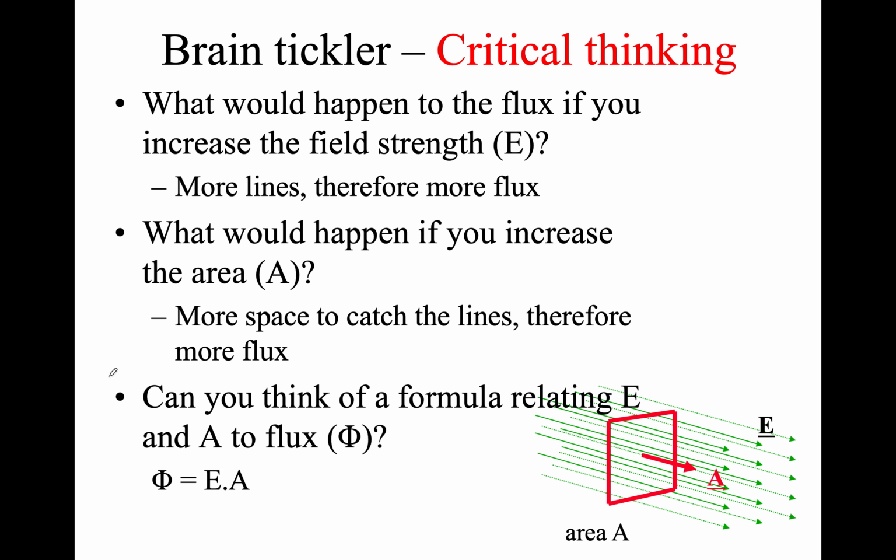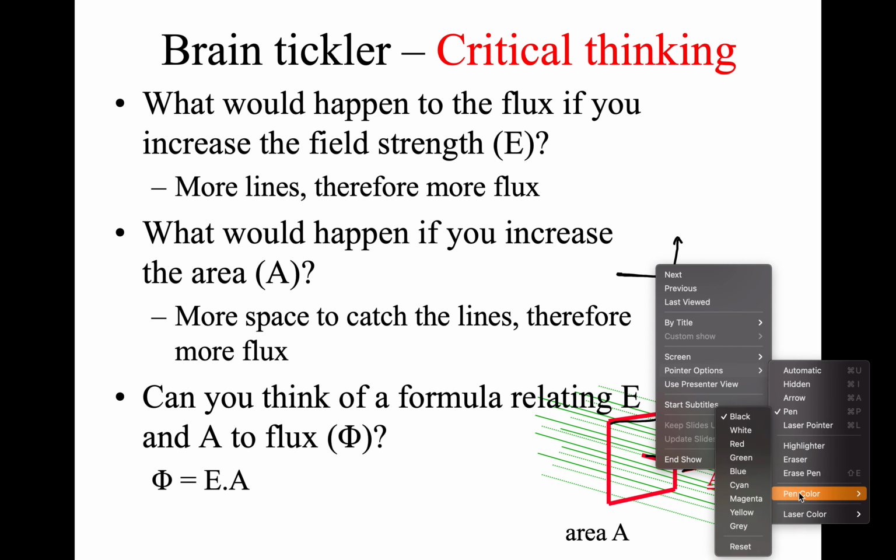We came up with the formula flux equals EA, and this is when this is perpendicular. This is the area vector pointing outwards, otherwise known as the normal. If you remember the normal, it's pointing out of a flat plane. So if I have a plane pointing upwards, that means it has a normal going up in this direction. My area vector is pointing like this.